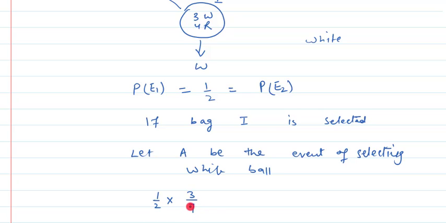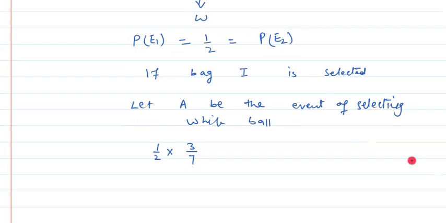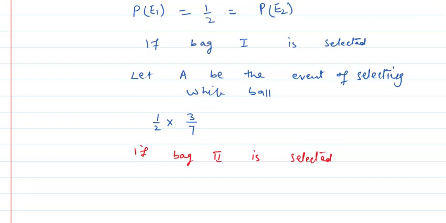But the case may also be that the second bag is selected. The second case is if bag 2 is selected, because when we select the bag, either 1 or 2, any of the bags may be selected, and the same A is the event of selecting a white ball.